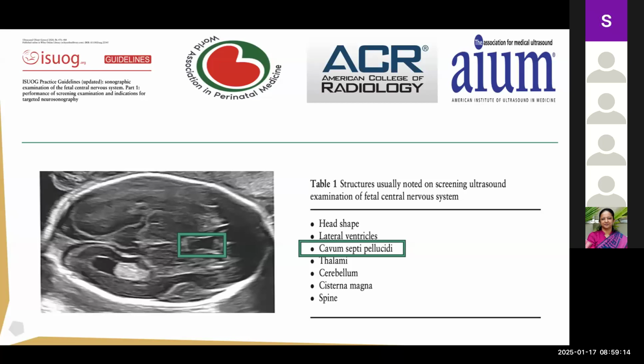We also researched this and could not find any difference between the two conditions with respect to counseling. So for me, partial septal agenesis or septal fenestrations, if you have clearly made out the septum, I tend to equate it with the other entity also asked in the question, that is the filled-in CSP.